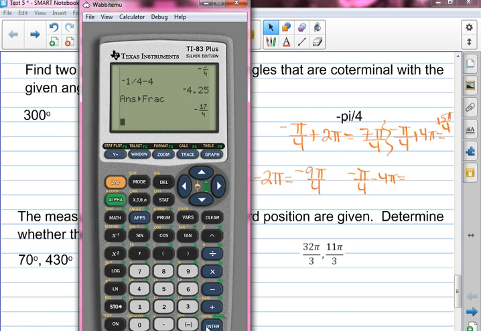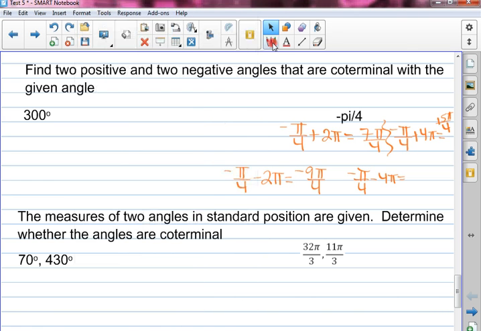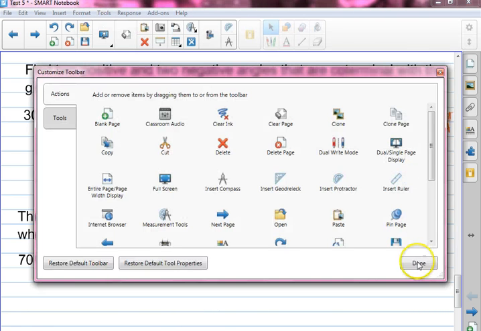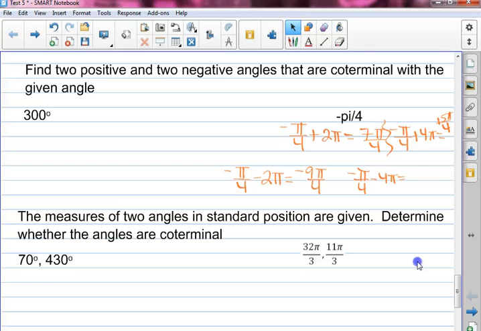And that gives you negative 17 pi over 4. This is how you do it when you have radians. If I was doing the example over here that says 300 degrees, then you would add 360 and then add 720 and then subtract 360 and subtract 720.